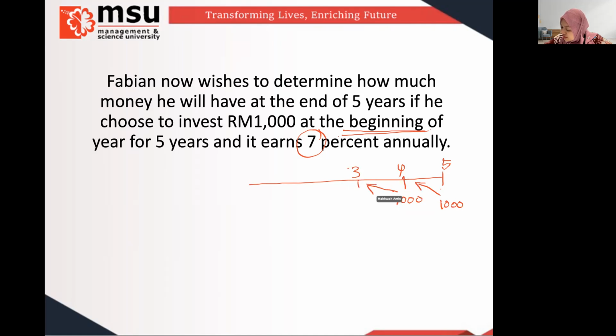This 1,000 ringgit happens at the beginning of each year. So the question asks, how much is the amount at the end of year 5? So it is at the end of 5 years.